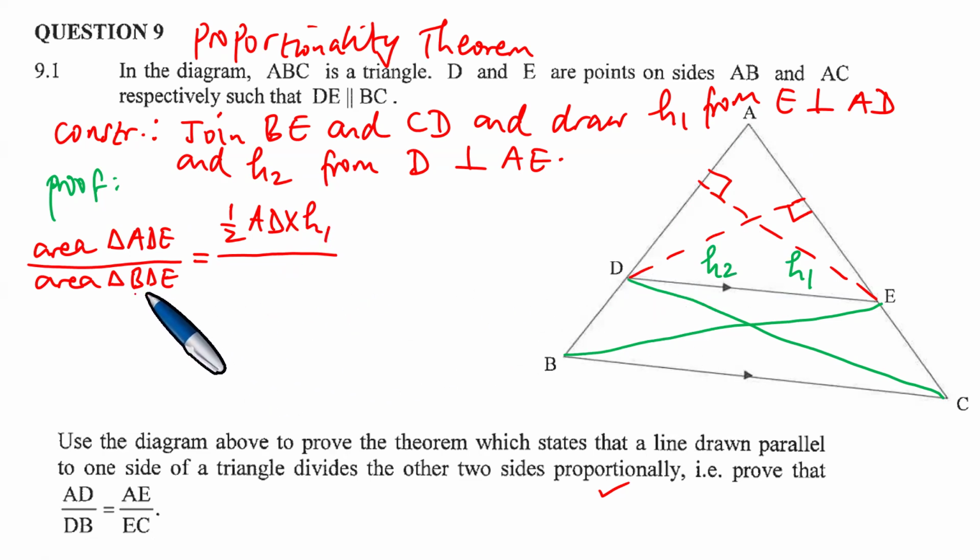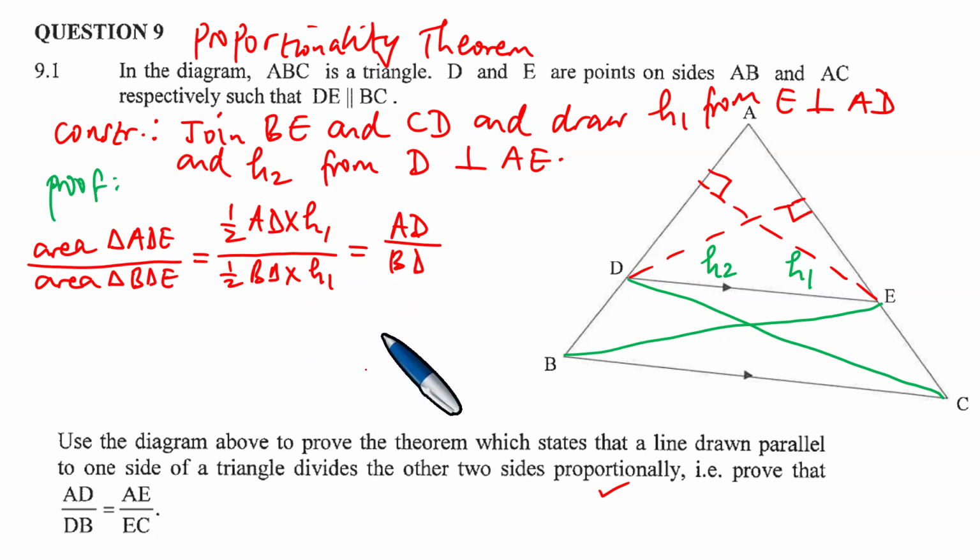You divide by the triangle BDE, which is also half the base BD multiplied by the height H1. And then you cancel these, which gives AD over BD, like this.